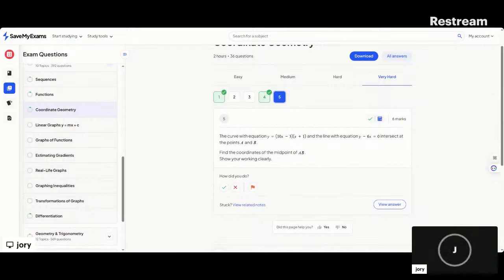Oh, I did something wrong, that's for sure. 0.5 minus 0.6 divided by 2. I did not. The midpoint is all negative.